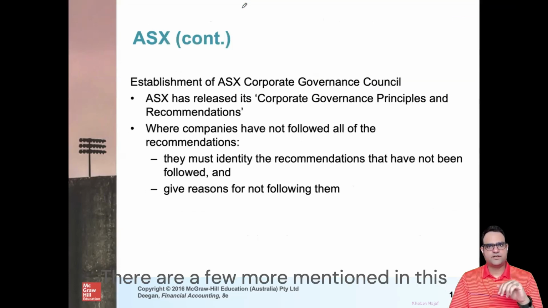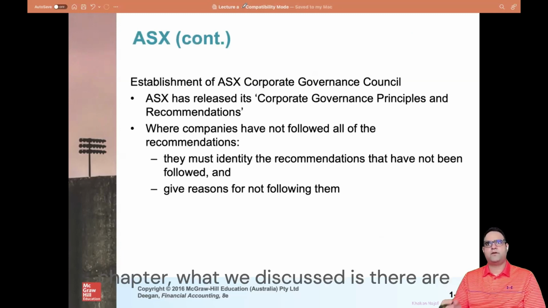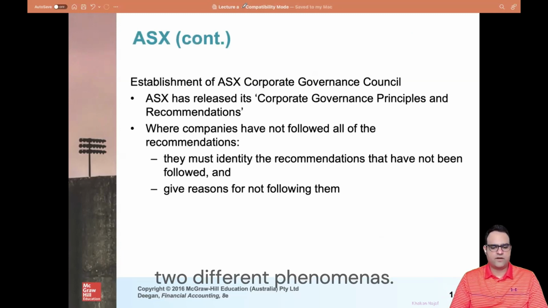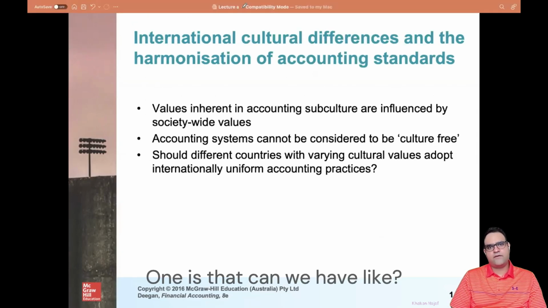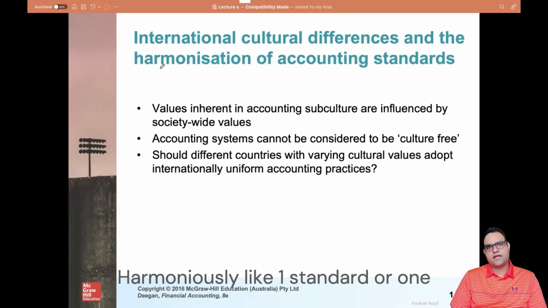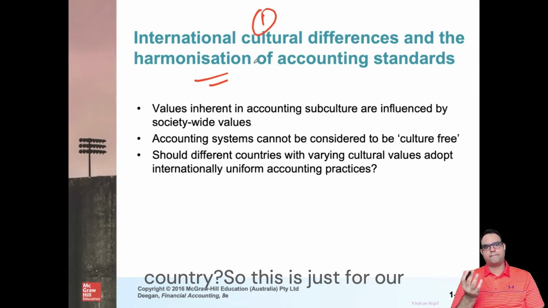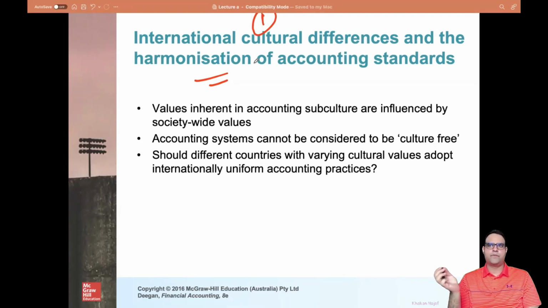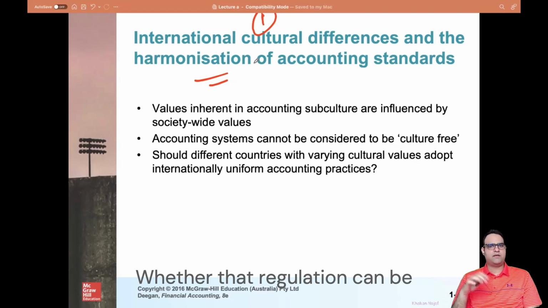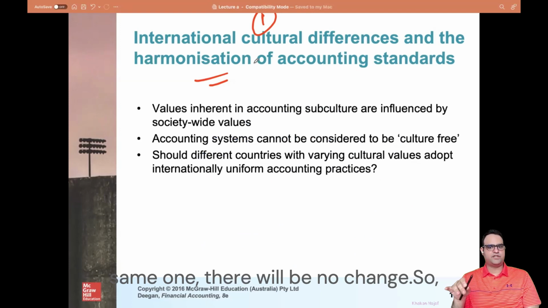There are a few more mentioned in this chapter. By the end of this chapter, we discuss two different phenomena. One is whether we can harmoniously have one standard or one regulation for every country. This is just for discussion's sake. For example, we have one regulation in China. Can that regulation be implemented in Malaysia or in Australia, the same one, with no change?